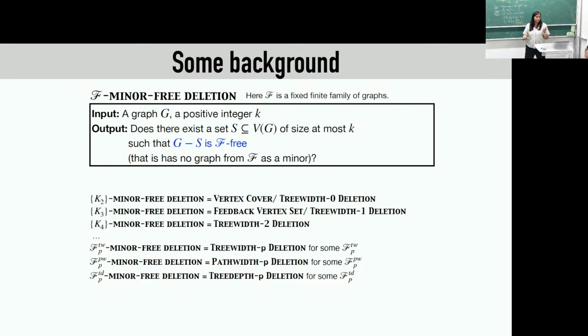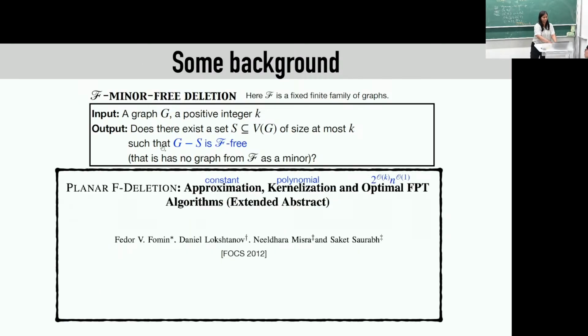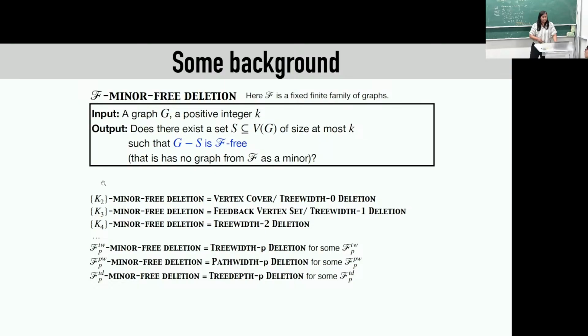And again, another thing that you should remember from this slide is the family F. For example, if you fix this parameter tree width, if you look at tree width 0 deletion, this is exactly the vertex cover problem, and the family F that this problem corresponds to only contains K_2. For tree width 1 deletion, the family F only contains K_3, and so on.